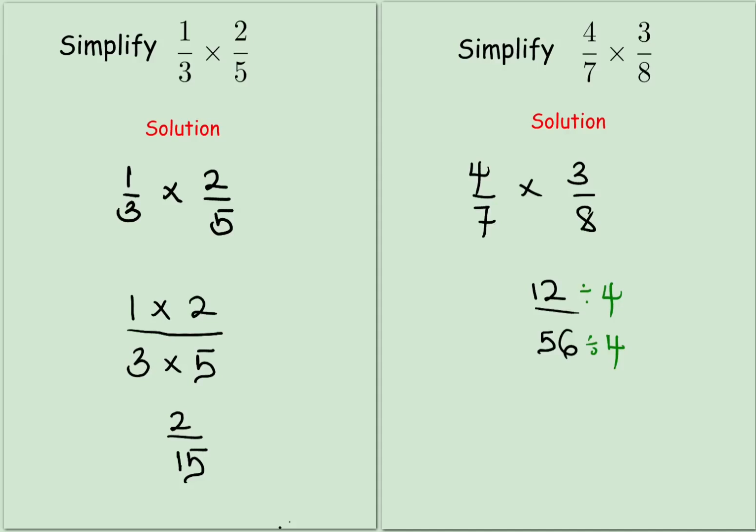And 12 divided by 4, we all know that gives us a 3. So we put our 3 all over your 56 divided by 4, which also gives you a 14. So applying the first method, where we multiply numerators and numerators, denominators and denominators, this is what we are going to get.